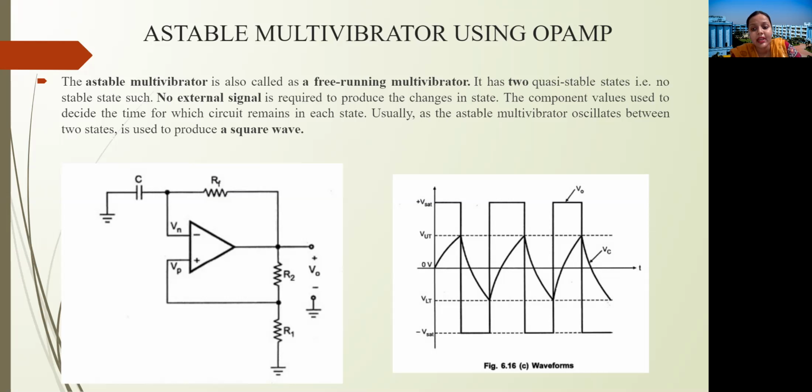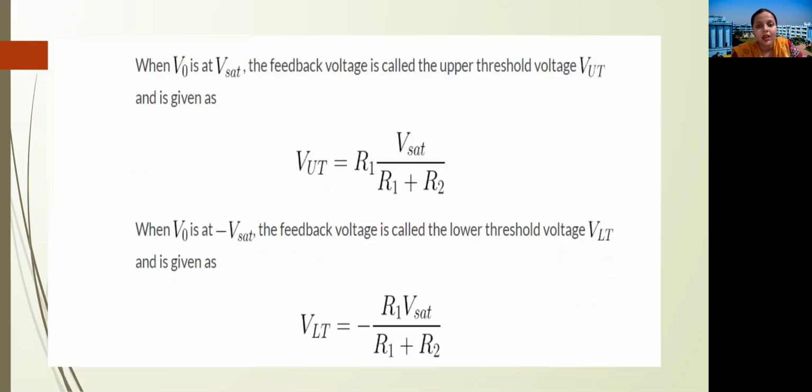In this graph, we can see that the charging and discharging of the capacitor determines the square wave pulses. Whenever the capacitor gets charged to the upper threshold voltage, the positive saturation is obtained, and whenever it's discharging, the pulses change.